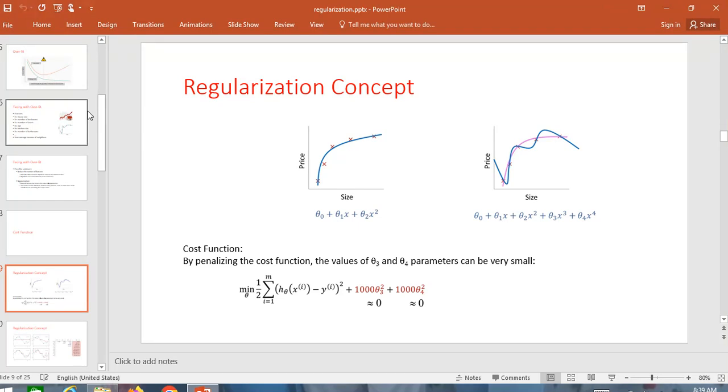The R theta, which corresponds to the regularization term in the cost function, should be such that if the value of the parameters is high, the value of this R theta should also be high, and vice versa. Theta is a vector including theta 0, theta 1, and so on.